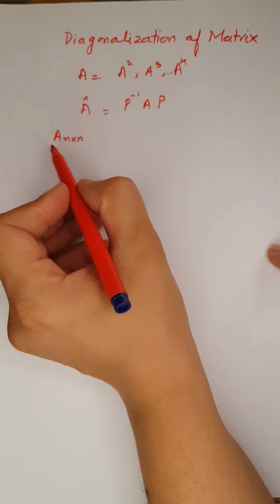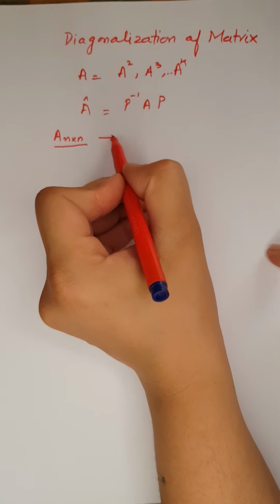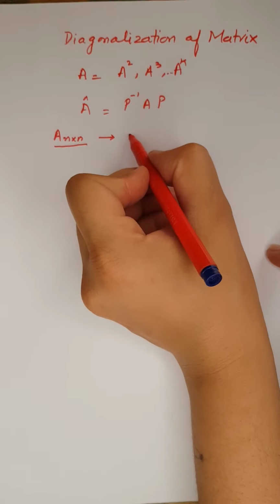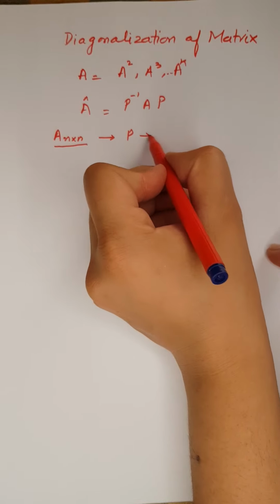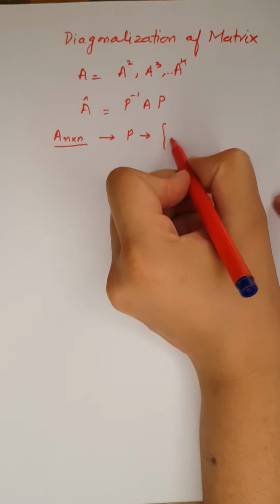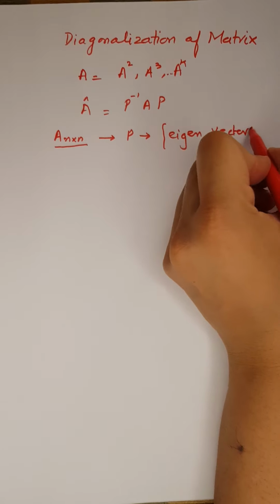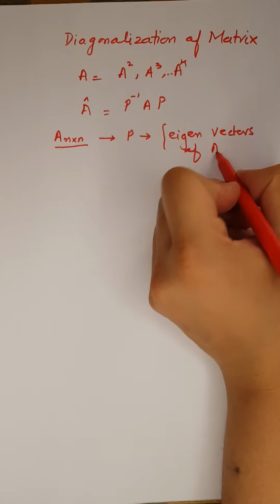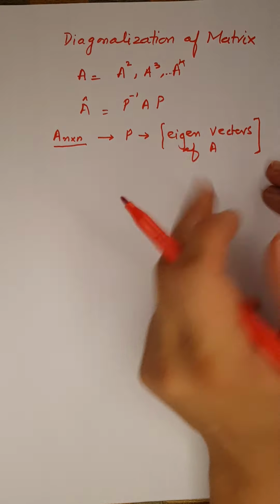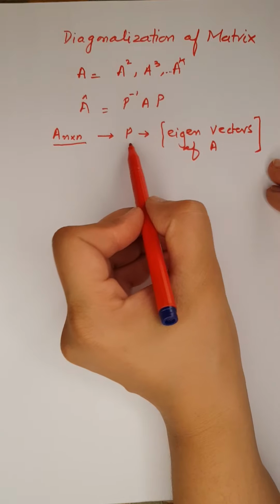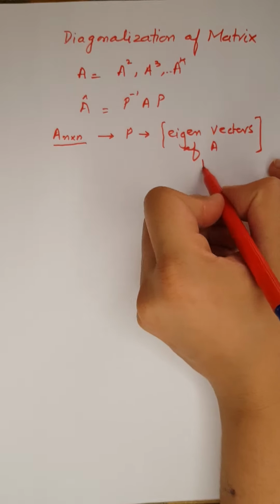For better understanding, if you have a square matrix A, you are supposed to construct a matrix P. This matrix P consists of the eigenvectors of A, and the property of the eigenvectors that we use for constructing P is that they all must be linearly independent.